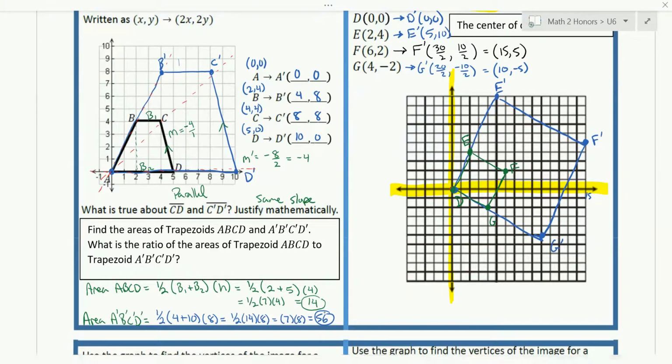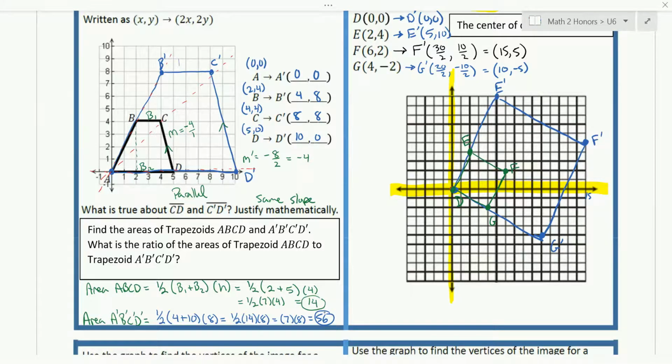What are we getting? What is it? 56. 56. Because you have base 1 is 4, base 2 is 10, the height is 8. Notice the base 1, base 2, and the height are all double the original base 1, base 2, and the height. And that's because our dilation has a scale factor of 2. And then you work through it and you get 56.